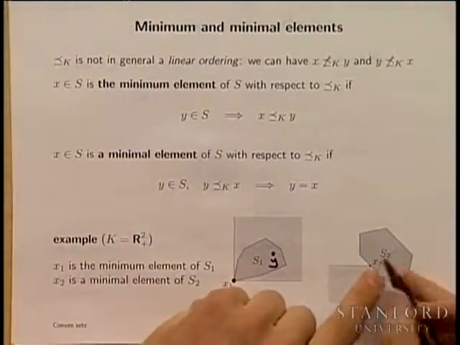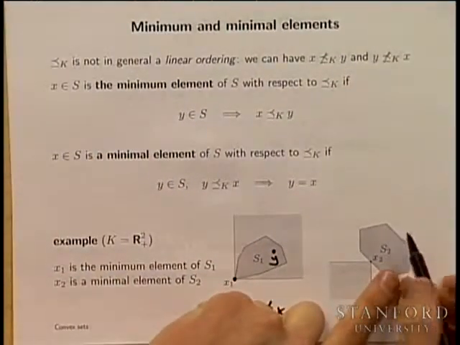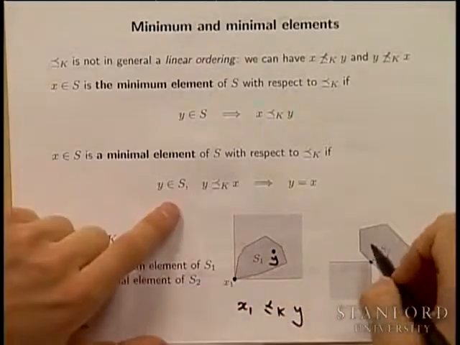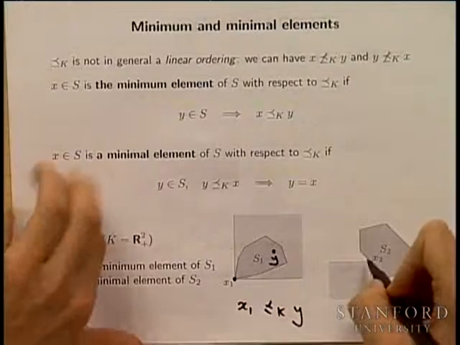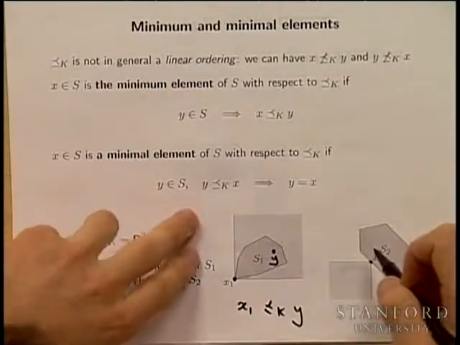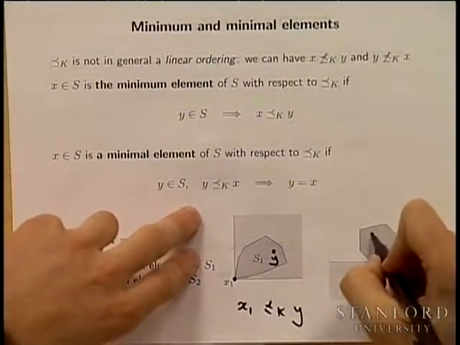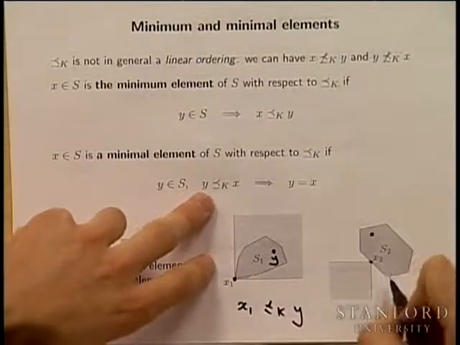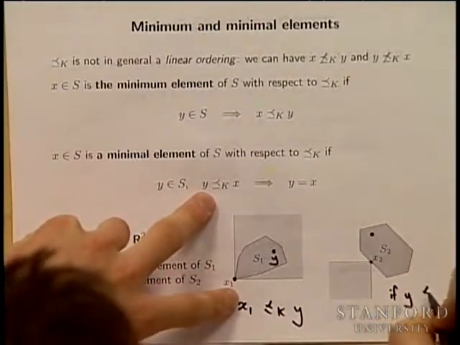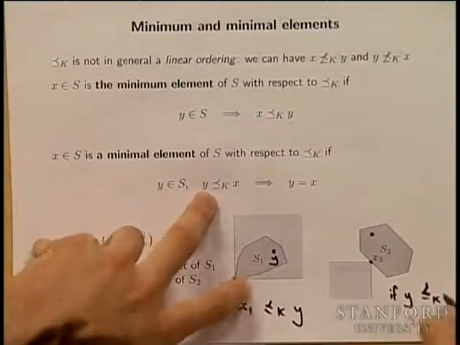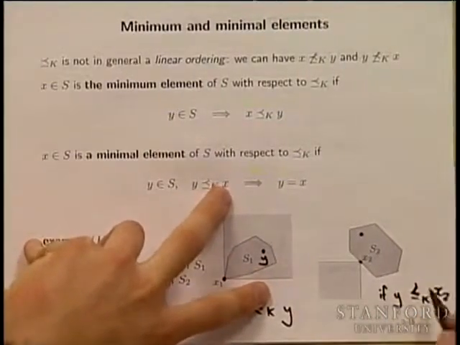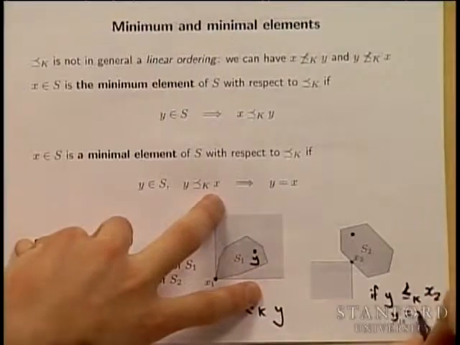Now let's have a look at this different set here, S2. What we need here is that I pick x2 in S2, and x2 is a minimal element. That means that if I pick some other point y, and y is less than or equal to x2 in the k sense, then y is equal to x2.